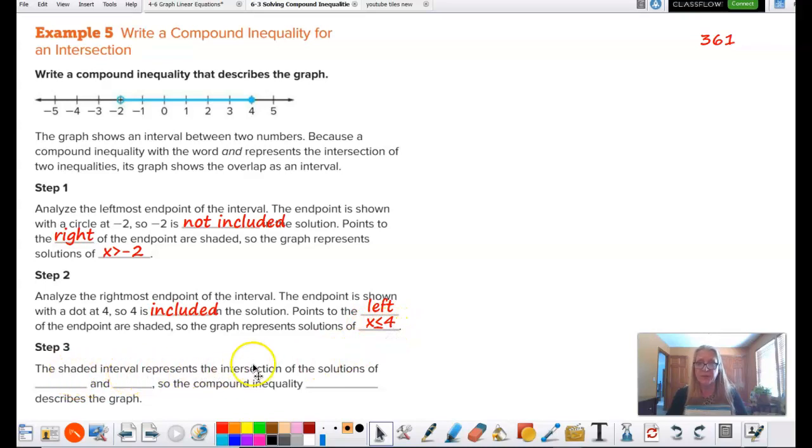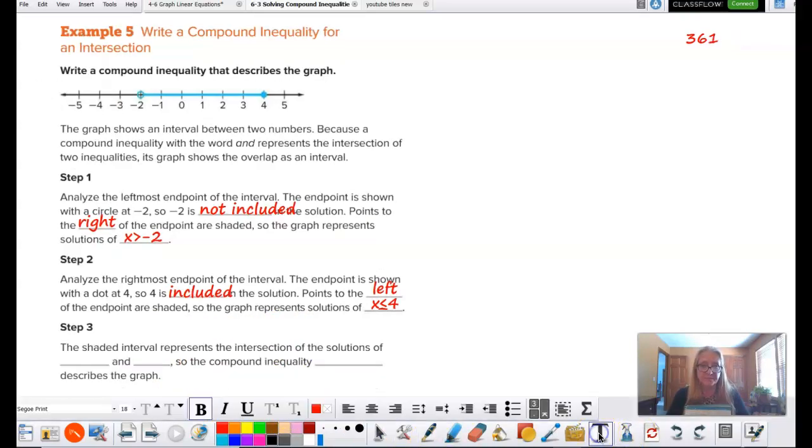The shaded interval represents the intersection of the solutions, and you put this equation here and this equation here, creating a compound inequality of, do I dare try to type this? I'm probably going to regret this. A compound inequality of, and I'm going to use the set builder notation so that I'm showing you the appropriate way to do this.